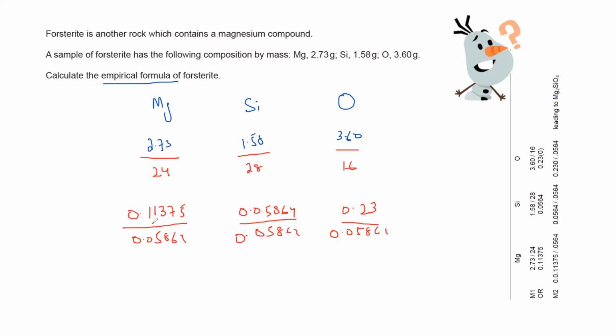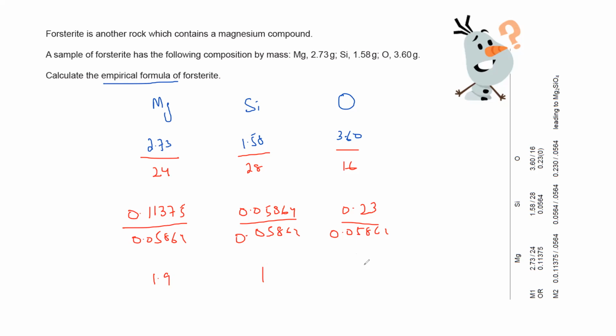So 0.11375 divided by 0.05864 will give 1.93 or 1.9.